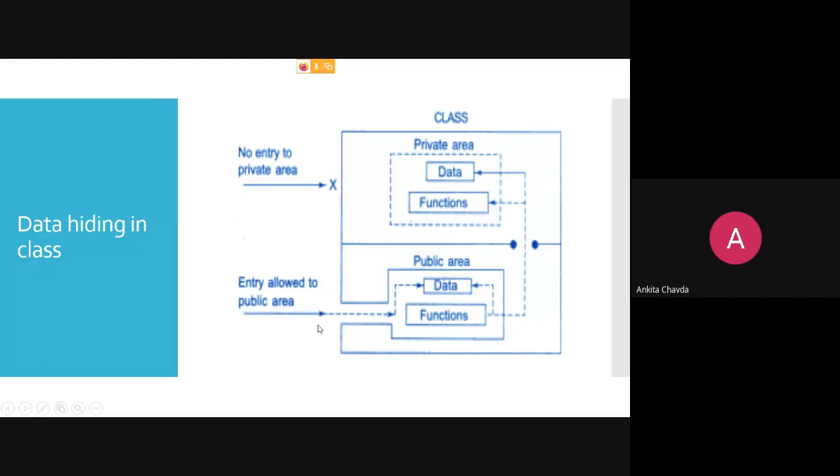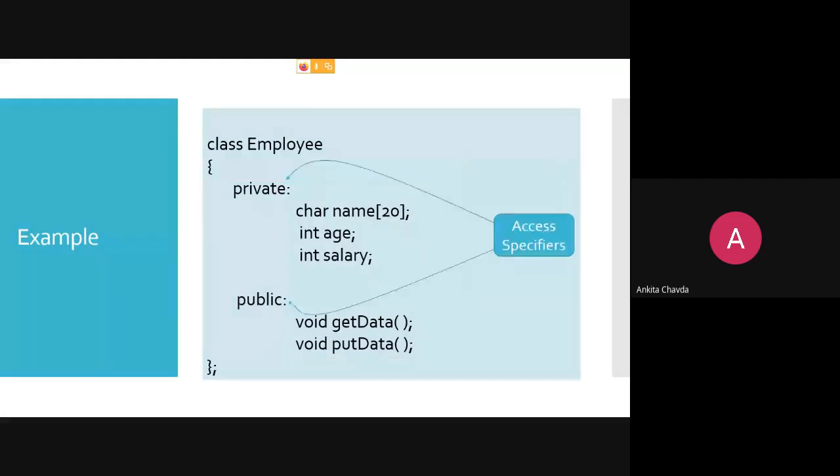Instead, people can only access your public area, but via the public area you can have indirect, limited access to the private area. So they cannot directly manipulate your data, they cannot directly assign any value. They can only do this via functions, that's it.